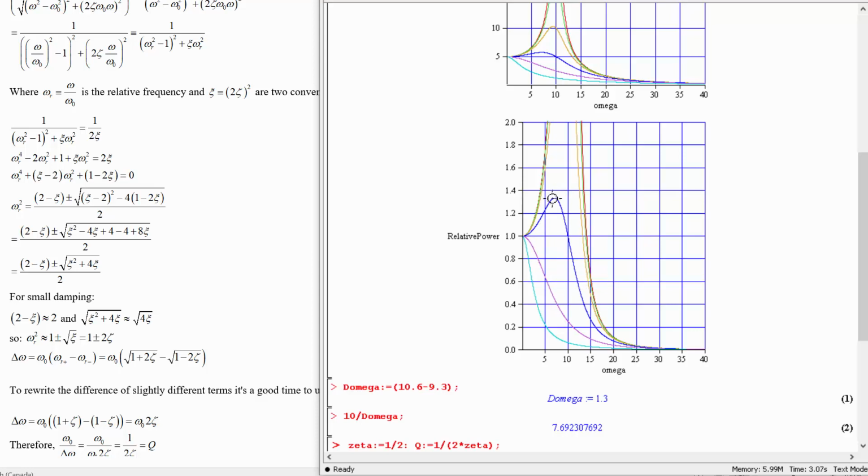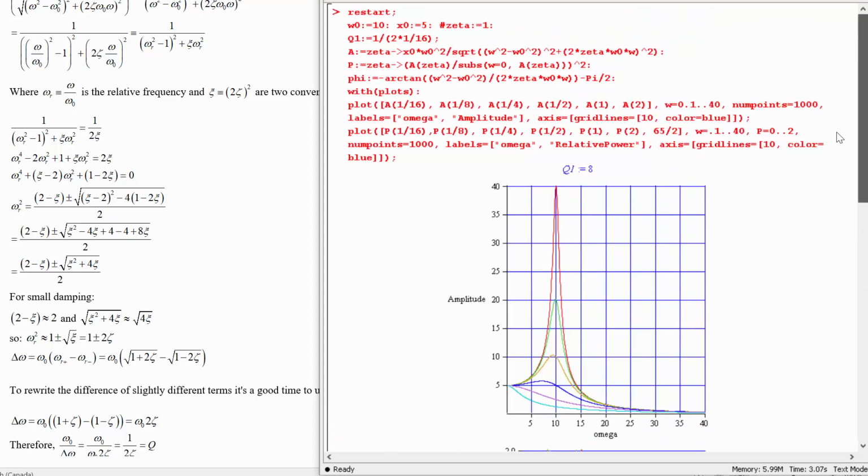Well, half of this on the left side, you never get there, right? So this is a fine definition if you have a high quality factor, at least something like 4 or 8, but when you have a quality factor of 1, this is not a very good definition.